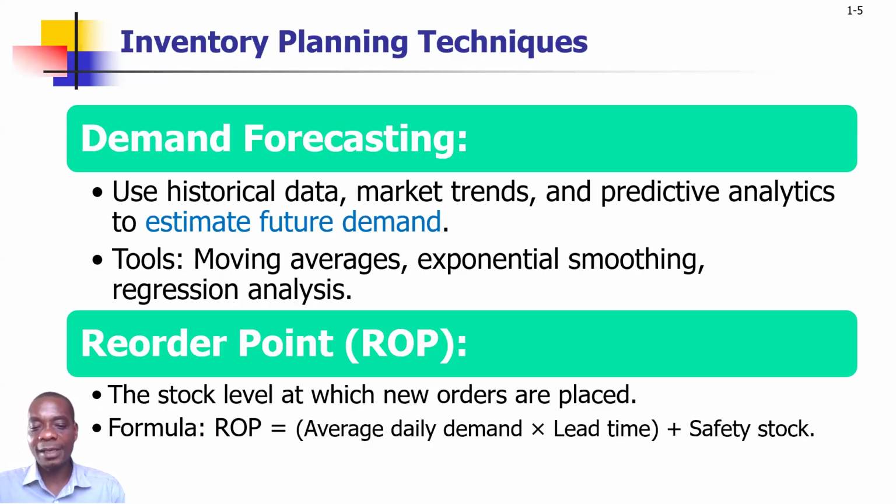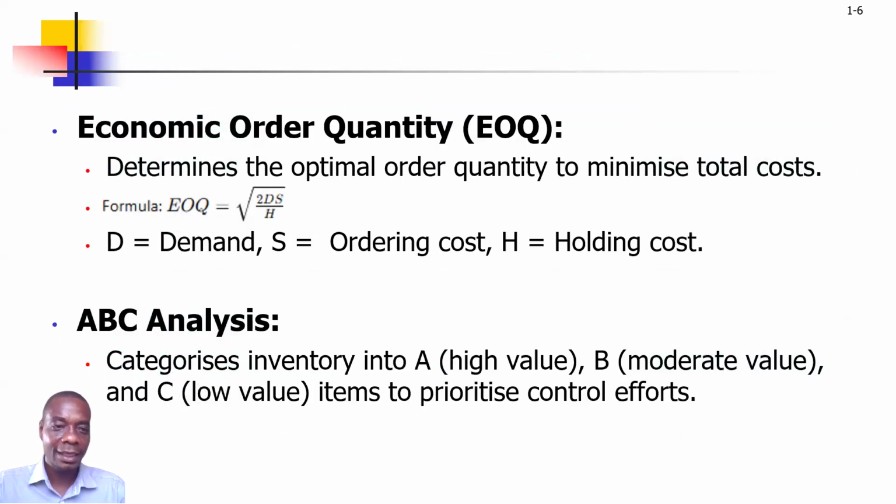So you multiply your average daily demand times the lead time. Then when you've done that, you add it to your safety stock level. We'll look at some of these calculations in the subsequent lectures. And I also mentioned economic order quantity, where you decide how much stock to order at that point.